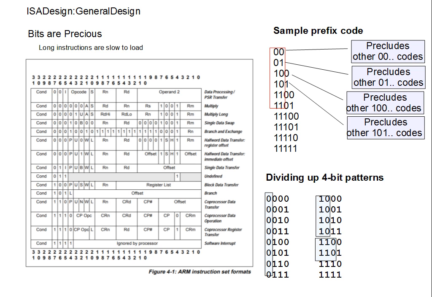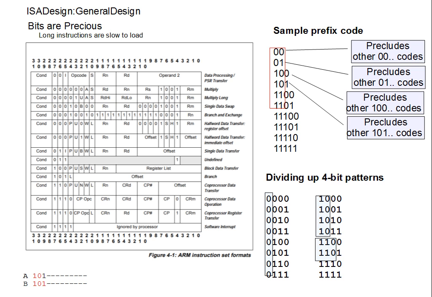Otherwise, if, say, instruction format A has fixed bits 10 and B has fixed bits 101, both shown here in the diagram in red, violating the non-prefix rule, then any A format instruction whose first non-fixed bit is a 1 will look like a B format instruction, since it starts with 101. Format B must use a 3-bit fixed pattern that starts with something other than 10 to be distinguished from format A.